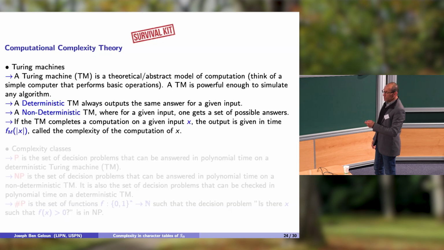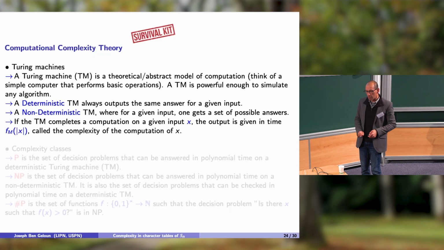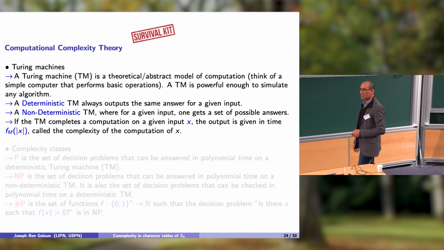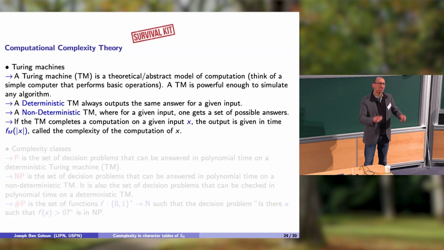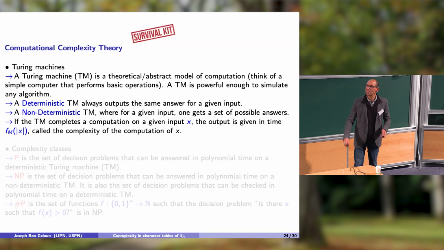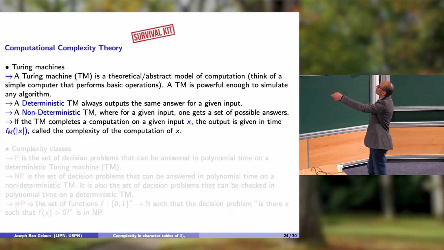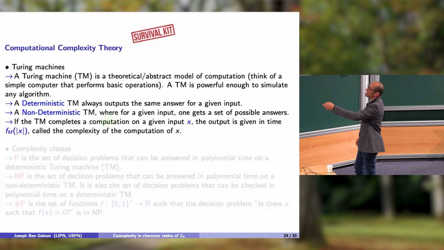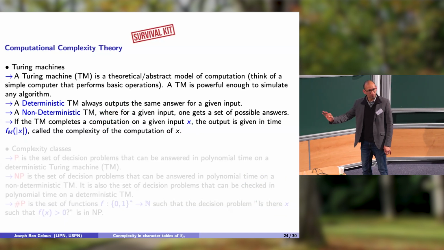Okay, so you need what we call Turing machines. This is an abstract object in theoretical computer science that is a model of computation. Think about it as a simple computer. We call a Turing machine deterministic if it always outputs the same answer for a given input.